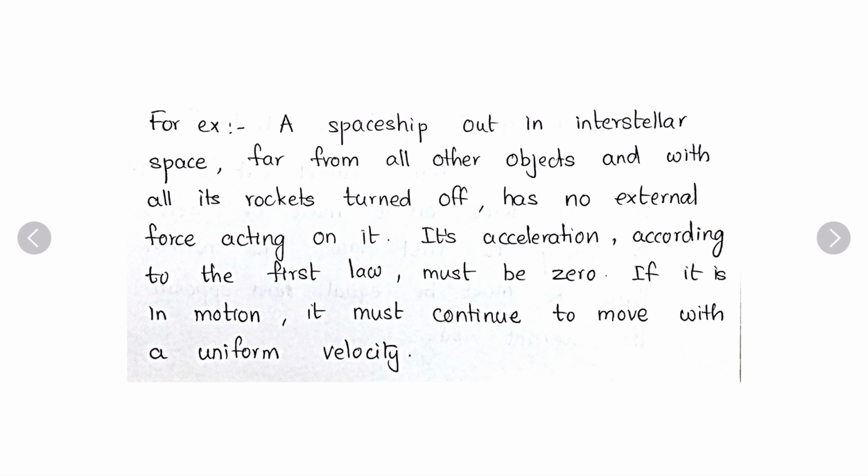In simple words, it is out of gravitational force. We have sent it far away from the surface of the earth. Now there is no gravity working on it, and let us assume all the rockets are also turned off. That means finally it does not have any external force acting on it.